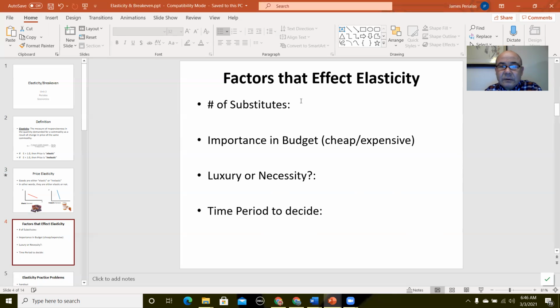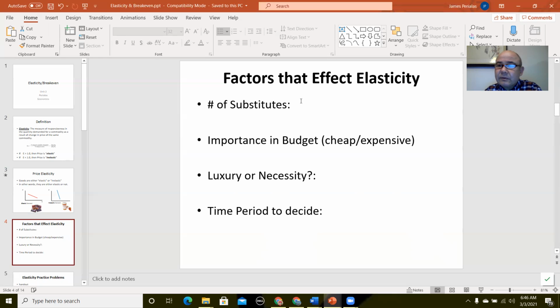And so number of substitutes, if a good has a lot of substitutes. So for example, one example that I like to use here is the candy bars, or pop. Pop is another one.